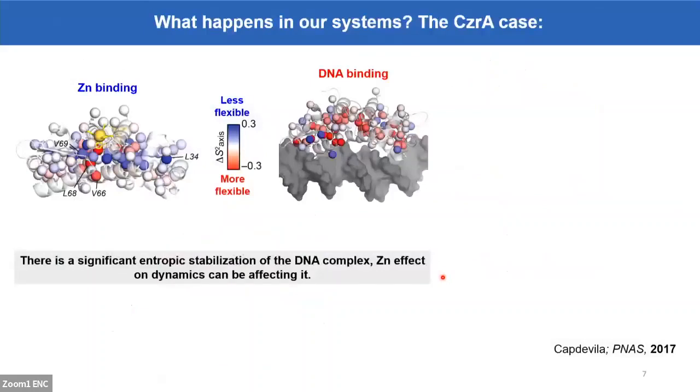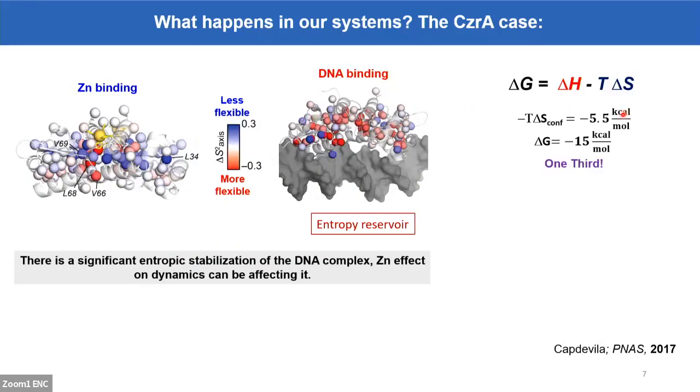In the case of CCR8, the protein that I was talking to you about earlier, we saw that zinc binding induces a global rigidification of the protein, while DNA binding induces a flexibilization of the protein when it's bound to the DNA, which is something that you wouldn't intuitively expect when you are binding two molecules together. This is what we call an entropy reservoir, and it's quite significant because it accounts for 1/3 of the total free energy of the binding event.